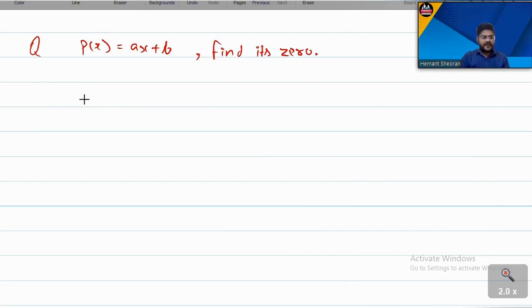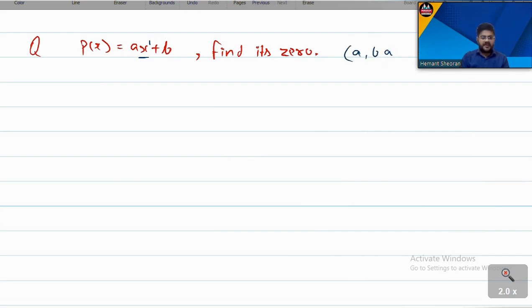We have to find out how many zeros will be in the equation first. How many depends totally on the degree. The variable is x in it, and a and b are constants, so it will just be one 0.